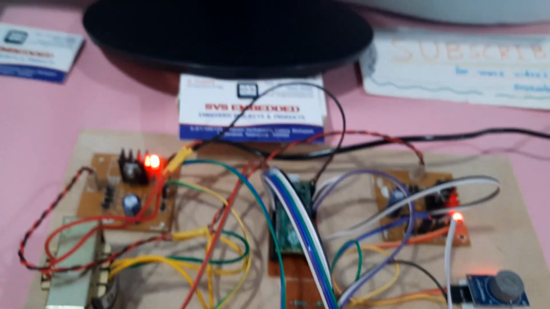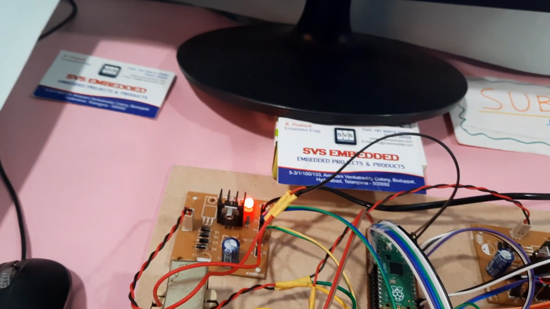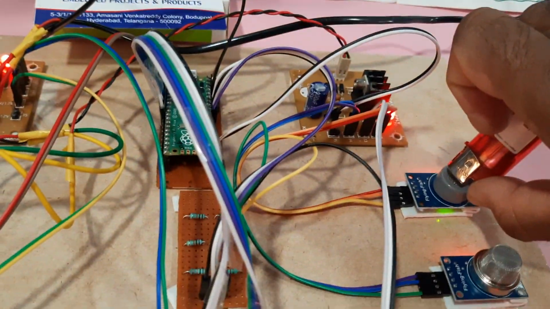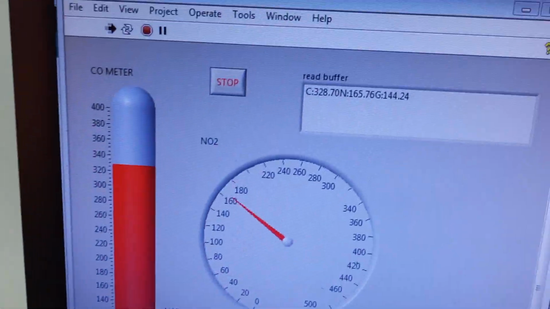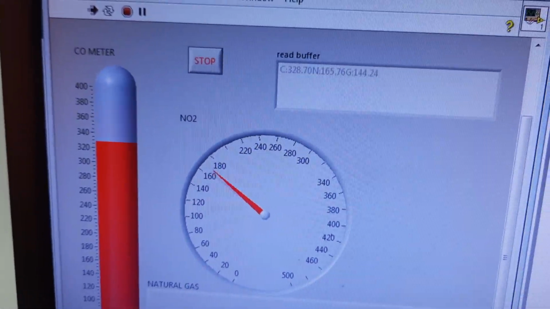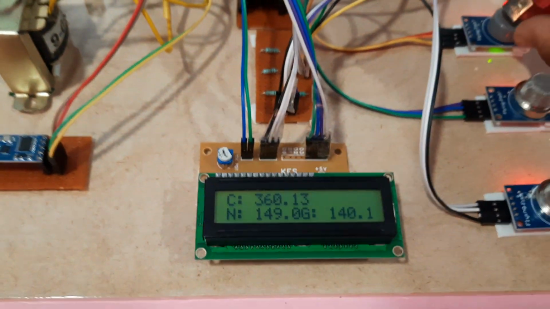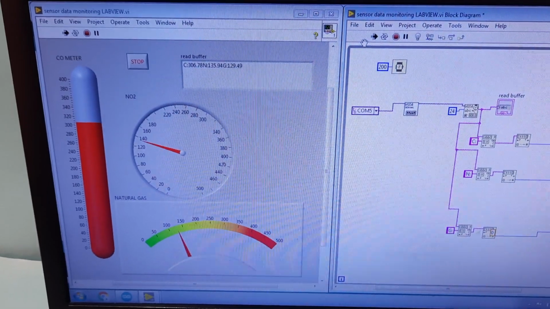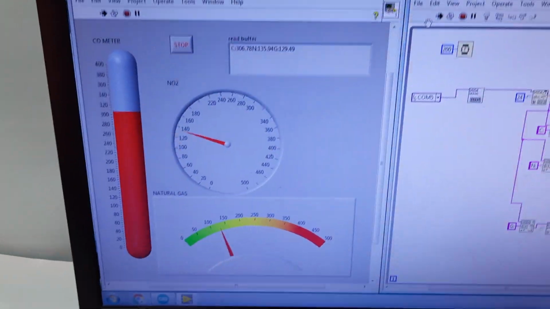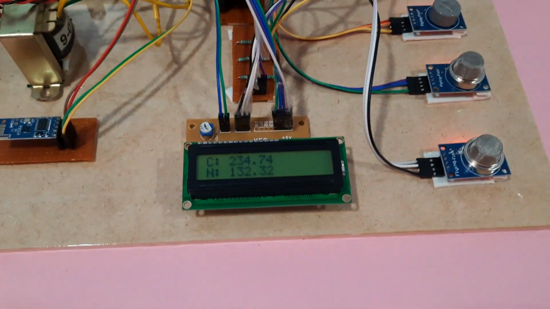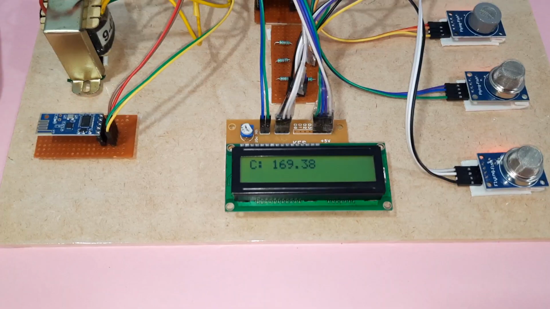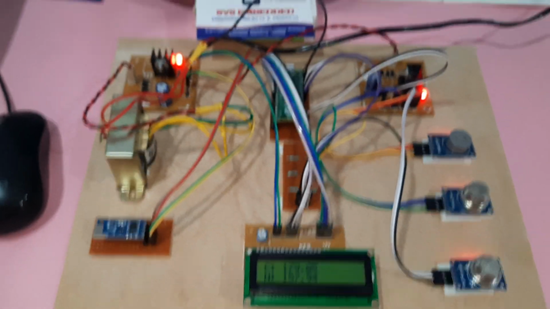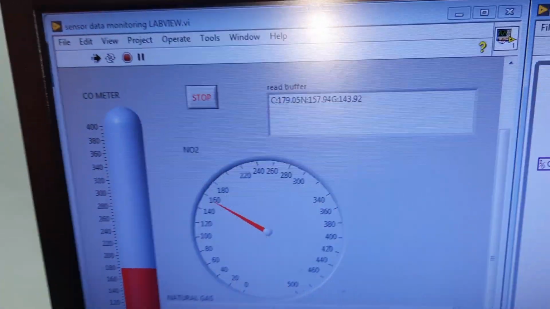Okay, and CO meter. Okay, now the values have decreased.